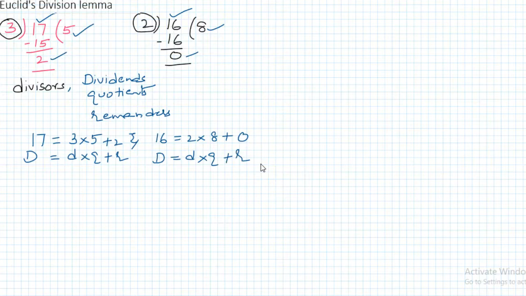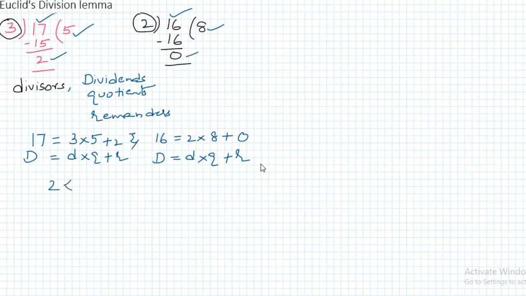So from these two examples we can observe that in the first example, the remainder is 2 and the 2 is less than divisor 3.